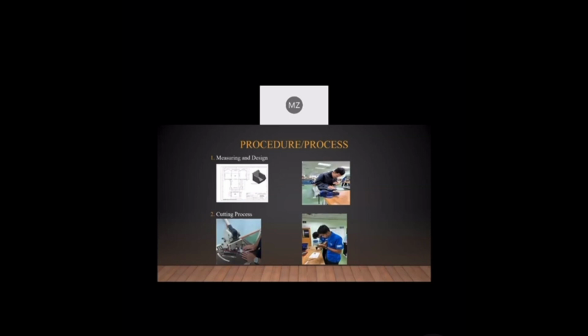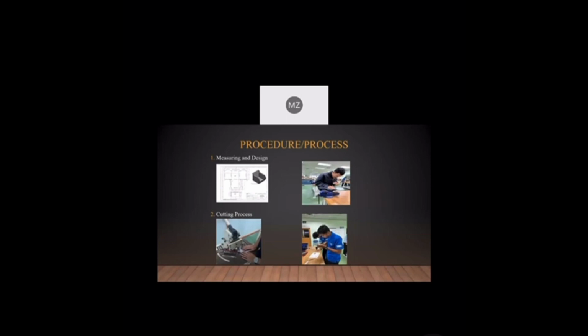So this is the procedure and process. Number one is measuring and design. The picture is of the drawing given by our lecturer Encik Arizal. We read the drawing and identify the measurements, the length and the dimensions. Our group member Azim is doing marking and measuring using hand tools like a ruler and scriber.